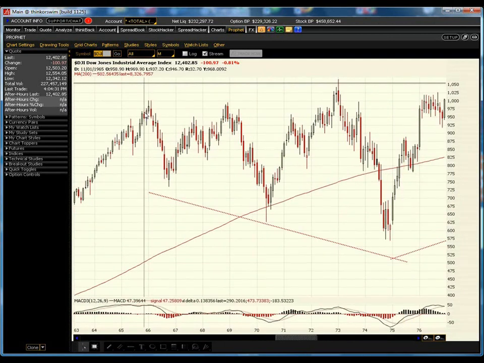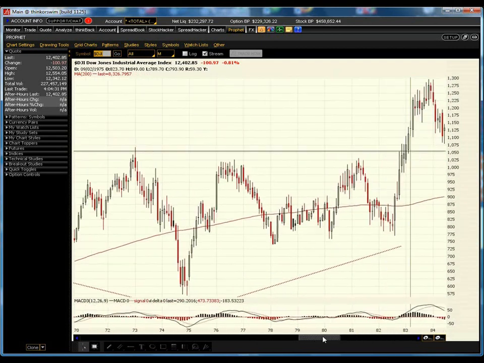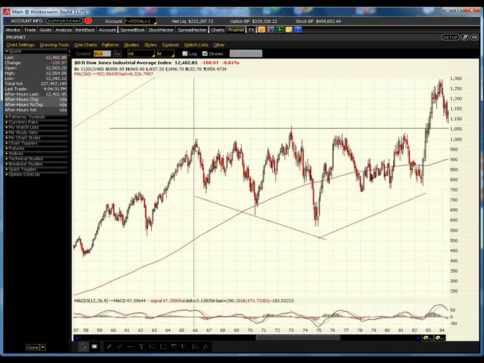Now this period here is very interesting. From 1966's high, which was right around 1,000, all the way, let's see if we can find the breakout here. The breakout didn't occur till 1983. So from 1966 to 1983, prices were basically in a sideways pattern.